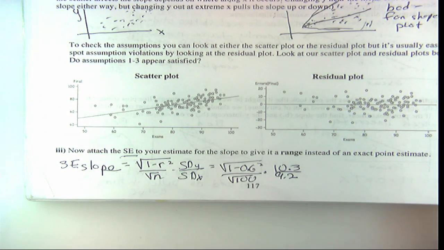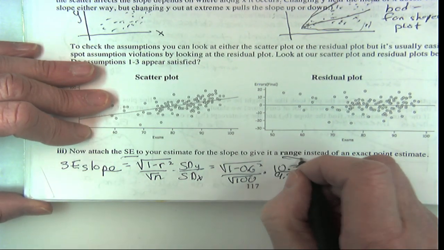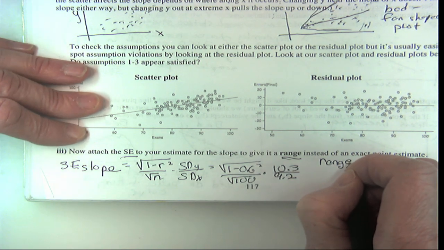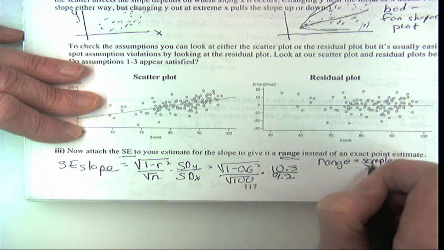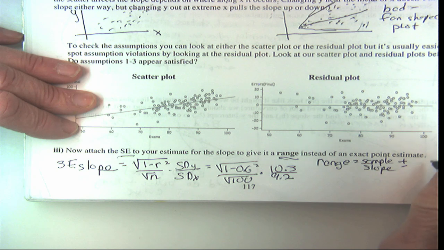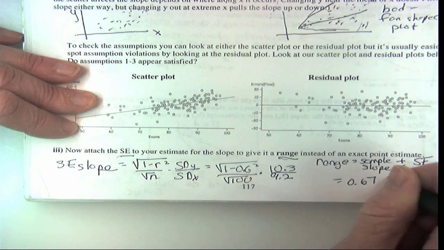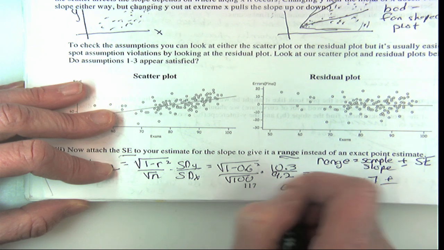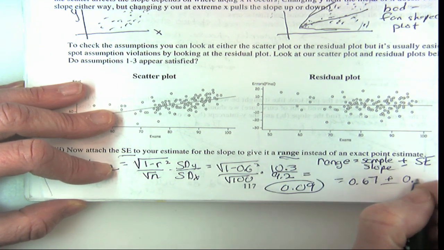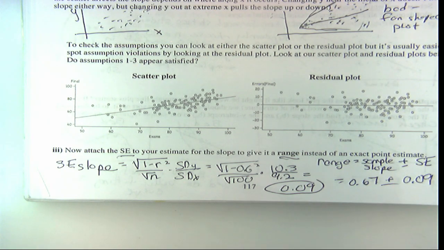So we're just going to give it a range. A range would equal our sample slope plus or minus the standard error. So it would be 0.67 plus or minus that, and when I did this, I got 0.09. See, it's not very big. That's the idea. And now we're going to use that to build confidence intervals, finally.